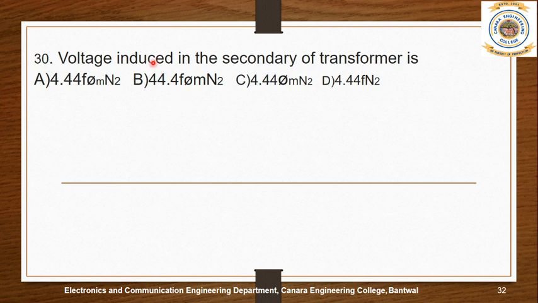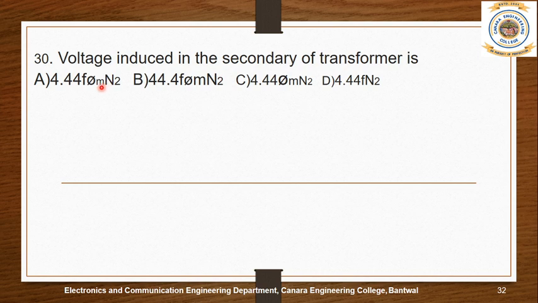Now, voltage induced in the secondary of the transformer is? So secondary voltage is proportional to frequency, flux induced, form factor and number of turns. Here frequency is not there, so this is not a correct answer.